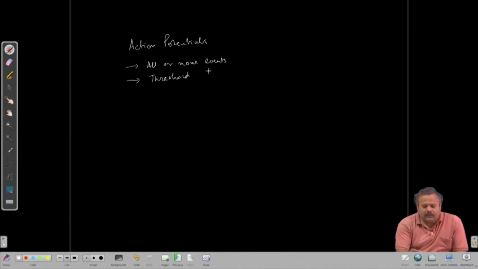The most important point is that action potentials are all or none events, and that's because neurons have a threshold, or rather a true threshold. We have something called absolute refractory, and we have something called relative refractory.